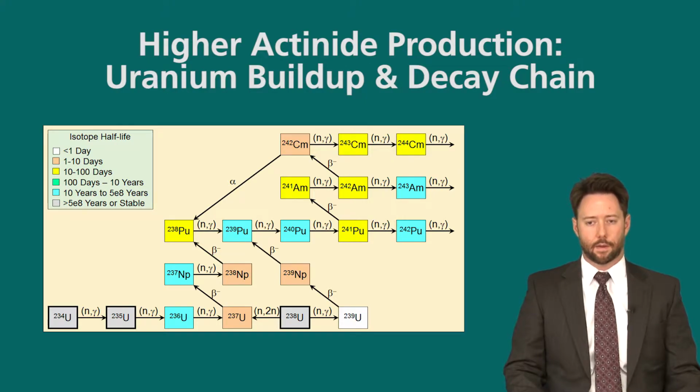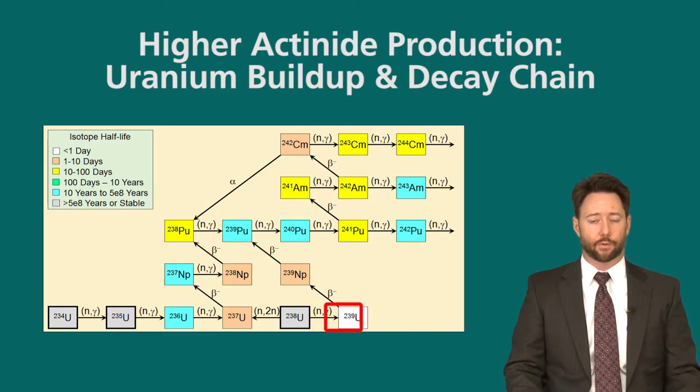So beginning with the fresh fuel, you have only uranium, that's U-235 and U-238, and there's a little bit of U-234 in there too. And then let's look at uranium-238, and it absorbs a neutron.